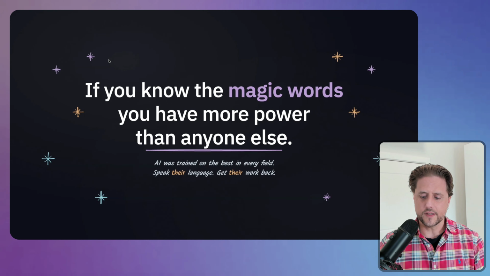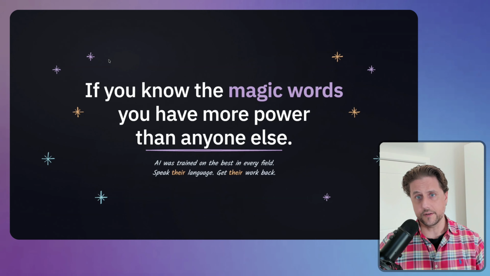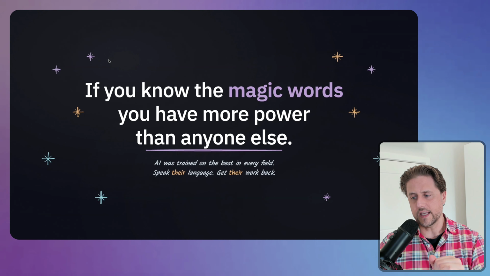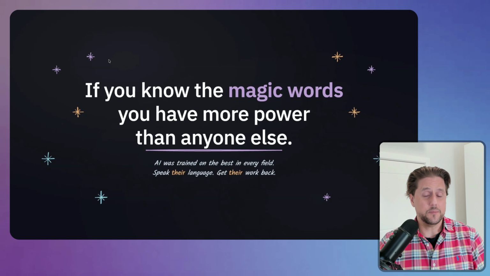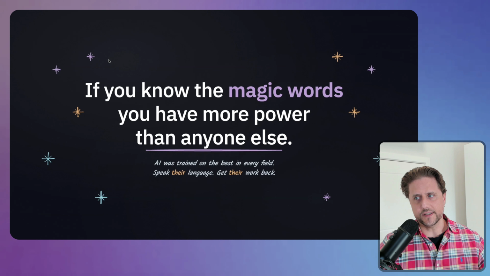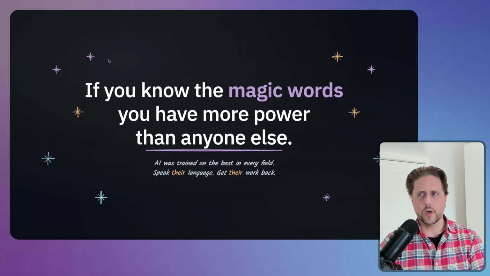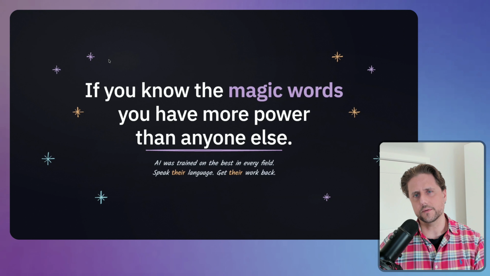One of the ways that people who work in a field, for instance, whether it's design, engineering, whatever, have a leg up on the competition is they know the lingo. They know how to ask for a certain type of thing to get exactly the result that they want. And someone else might be able to arrive there, but it's going to take them a lot longer, and it's probably not going to be quite as good or quite what they were looking for.